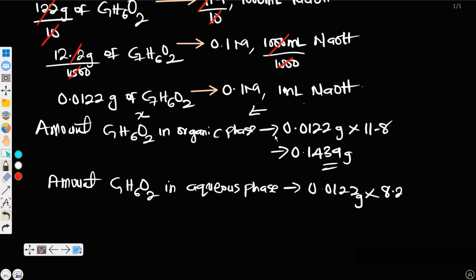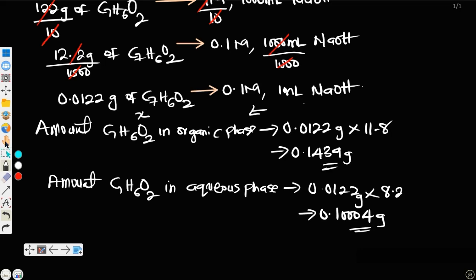So 0.0122 times 8.2, and this will give us exactly 0.10004 gram. So this is the amount in the organic phase, and this is the amount in the aqueous phase in gram, right?